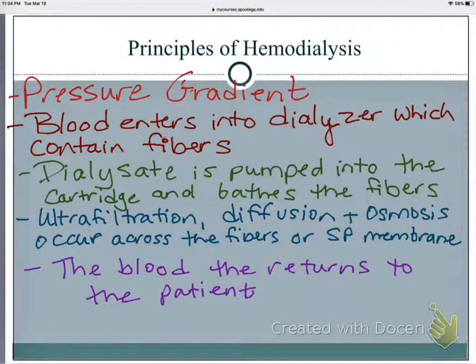And then one needle pulls the blood from the circulation to the dialysis machine, and the other returns the dialyzed blood to the patient. And I actually have a video, which I'm going to show you after this, on a patient getting dialysis. So they use tubing to attach the needles.